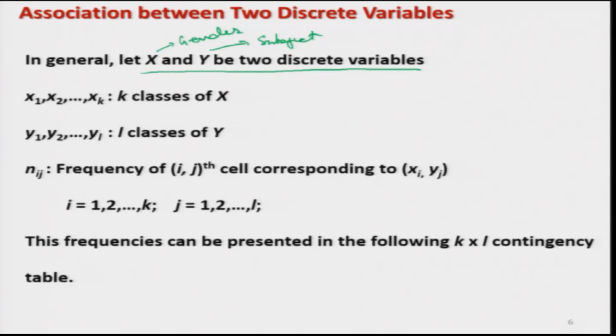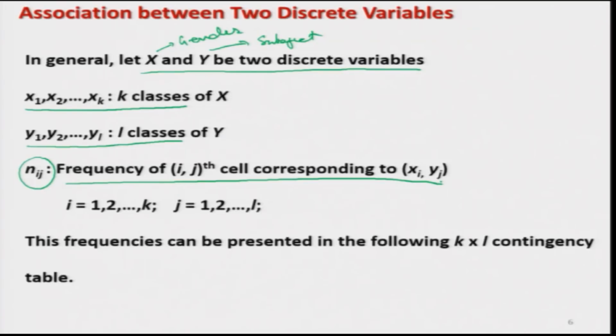Similarly, I can make it more general, and we assume that for the data on the x variable we have created k classes, which are denoted as x1, x2, up to xk. And similarly for y, we have created L classes, say y1, y2, up to yl. And this Nij is the absolute frequency of the ijth cell corresponding to the observations xi, yj.